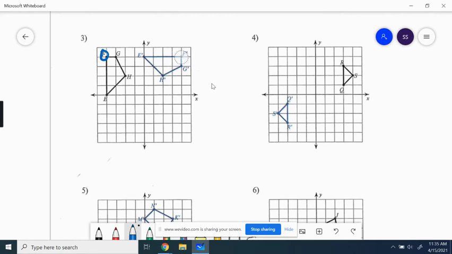So from F to F prime. Okay, so in terms of a clockwise rotation, this would just be going from this quadrant 1 over. So this would be a 90-degree rotation clockwise.